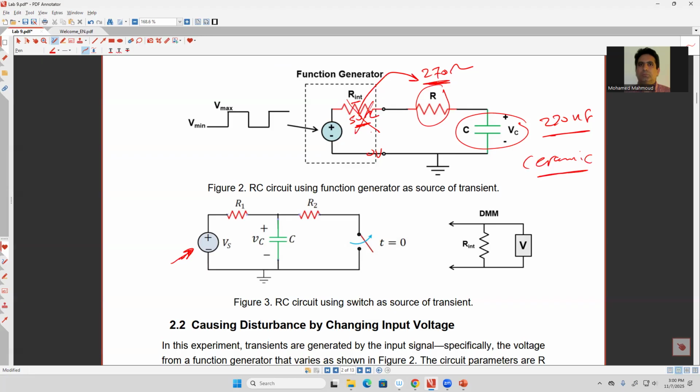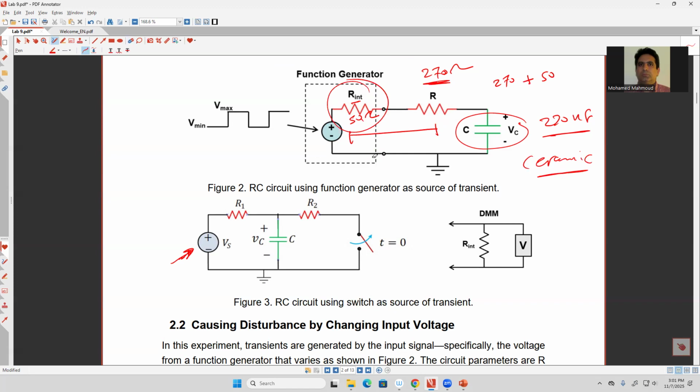Sometimes it's okay to ignore it when the internal resistance is much bigger than the circuit resistance, but in this case it's not much bigger. If you ignore it, you are not going to get accurate results. That's why, when you do the calculation, you have to add these two resistors together, so it has to be 270 plus the 50 ohm internal resistance.